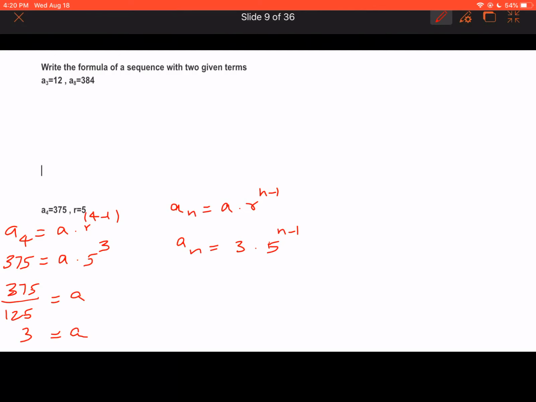Now here we have the value of the third term and the eighth term, and we haven't got any value for a, and we haven't got any value for r. So that means we first have to find the value of r. We know that there are the terms a3, a4, a5, a6, a7 and a8.